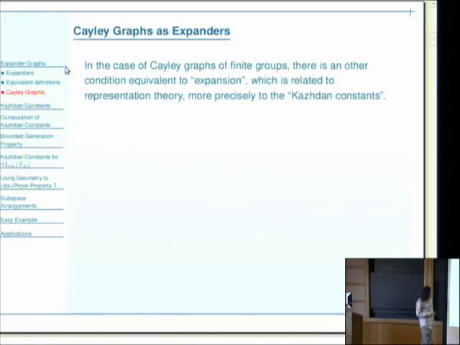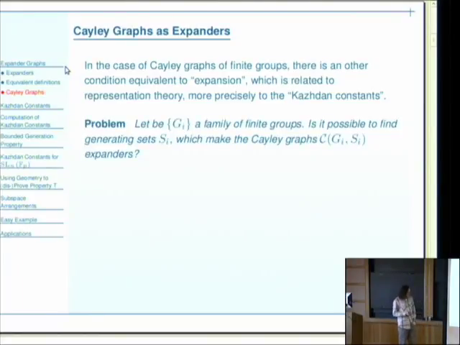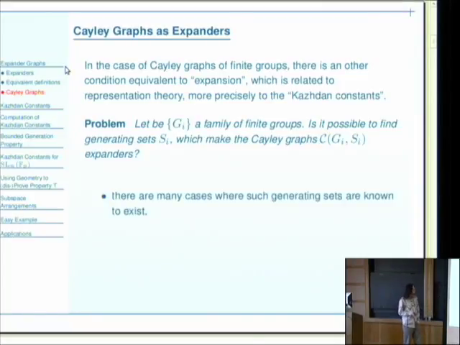And at least for me, a very basic and very interesting question is the following. Suppose that you're given some family of groups which goes to infinity, when can you find a generating set of fixed size such that the resulting Cayley graphs become expanders? This is an extremely difficult question. And in some cases, it's known that it's possible.